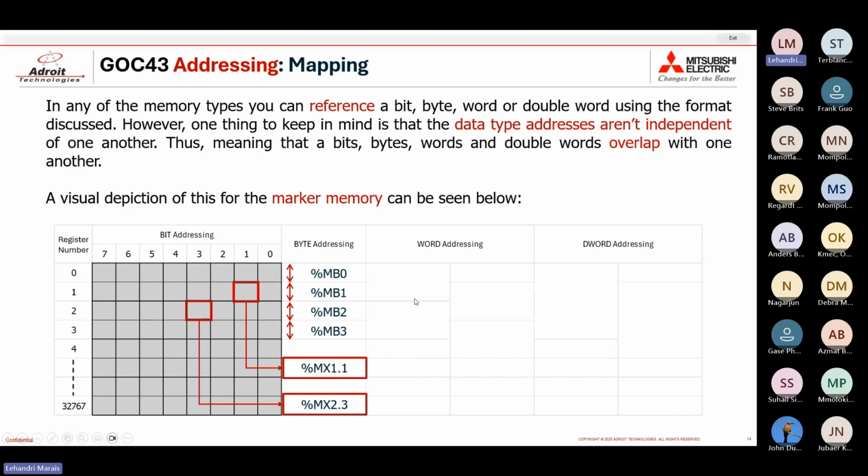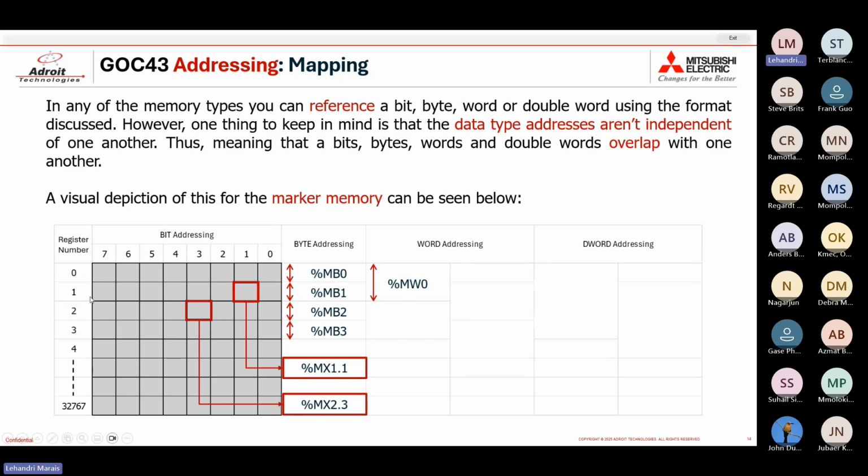So the complexity of this comes when we go to word addressing, because words are 16 bits, so it takes up 2 register numbers as follows. If you see here, we have marker memory word 0, which takes up register number 0 as well as register number 1.